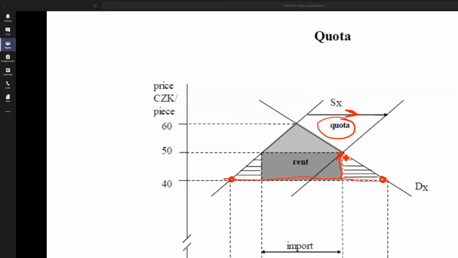The import in the case of the free market was 1,000 products. It's allowed to import only 500. So there is a shortage in the market. There is a lack of products, and this lack will move the price up to 50, right? So the new price after the quota imposition is P inclusive PQ.